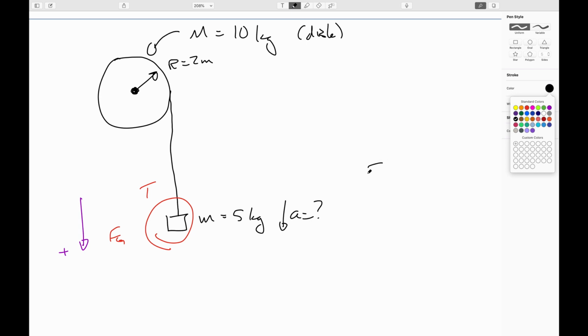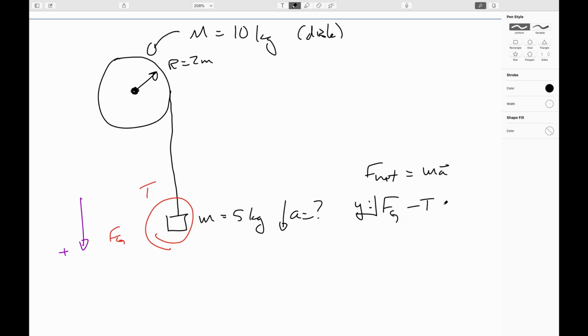So we can write F net equals MA and take the y component of this. So we'll have gravity down, tension up. This will equal MA. So mg minus T equals MA. And that's about as far as we can take that for the moment, so I'll just stick a star next to it. All right. So now let's go and look at the disk.